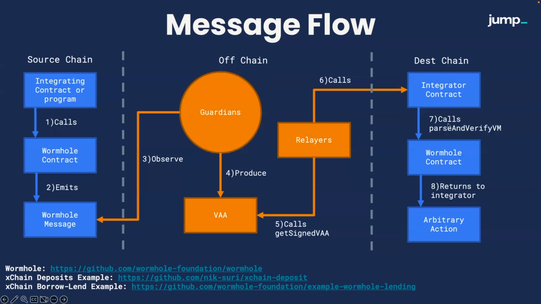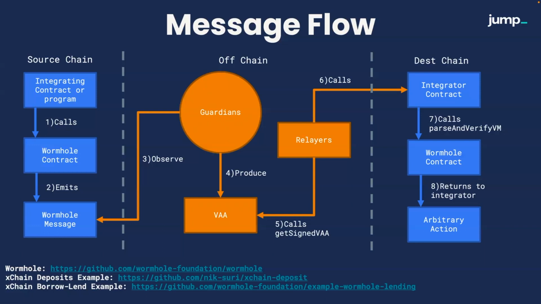That destination chain will verify the VAA by calling the Wormhole core bridge contract on the destination chain. The Wormhole core bridge contract will say whether or not the VAA is valid, and then return to the integrating contract, which can take whatever arbitrary action it needs to take with that message. So this is the whole message flow in Wormhole.